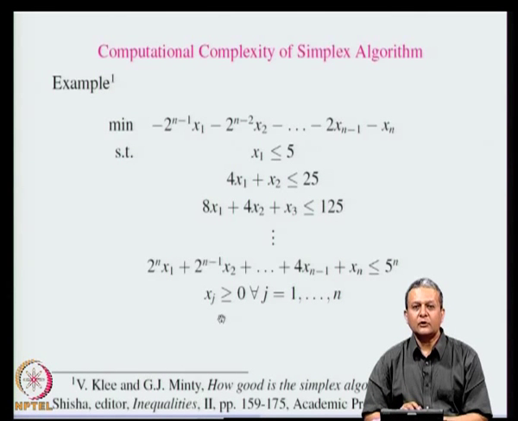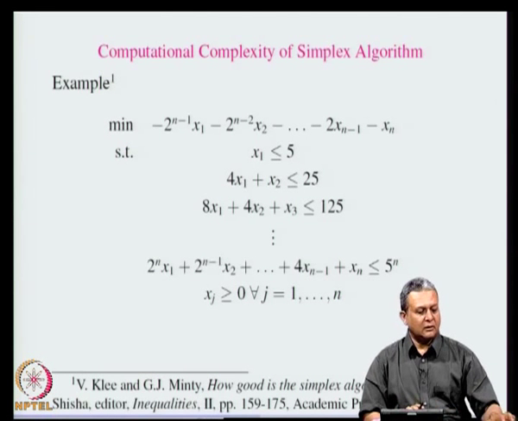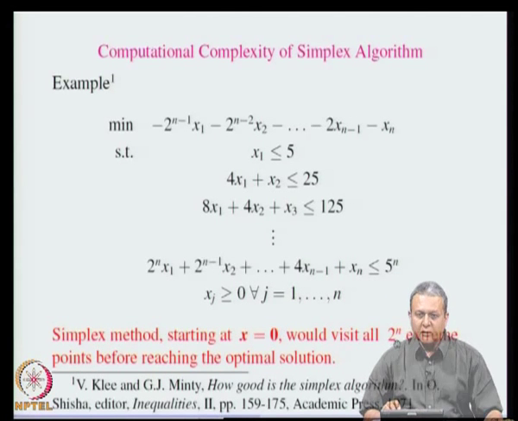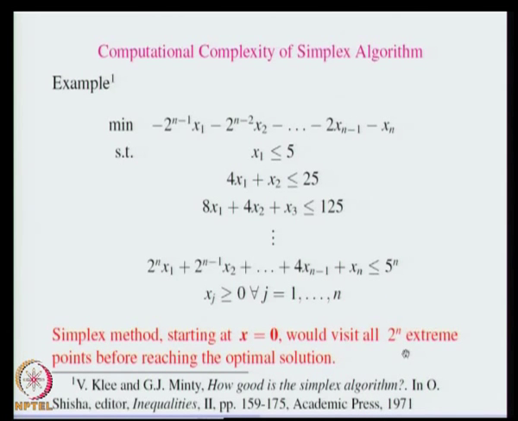They showed that for this example, if we start from x equal to 0, the simplex method would have to visit all the vertices before it finds the optimal solution. So, it would visit all 2 to the power n extreme points.